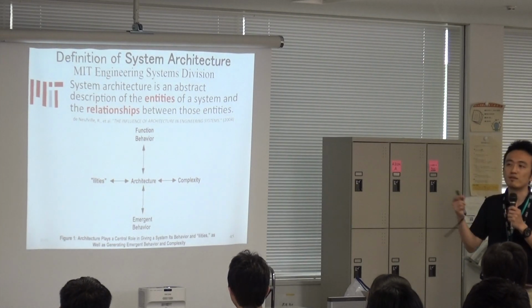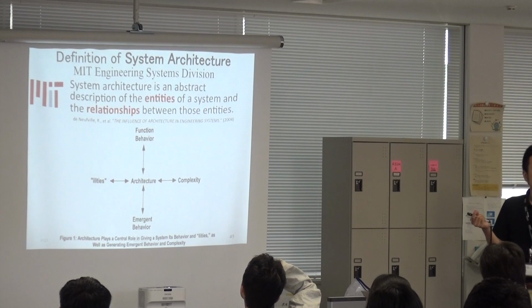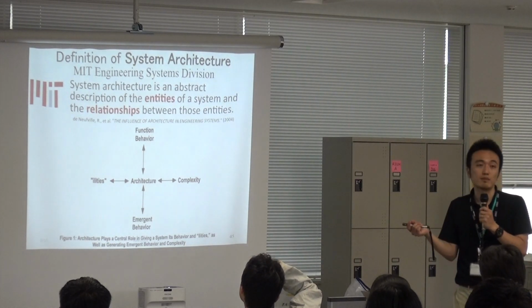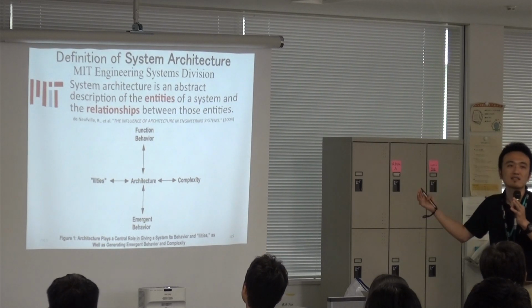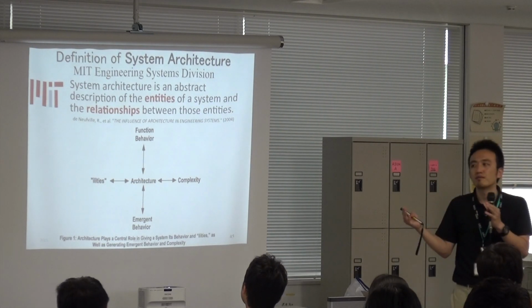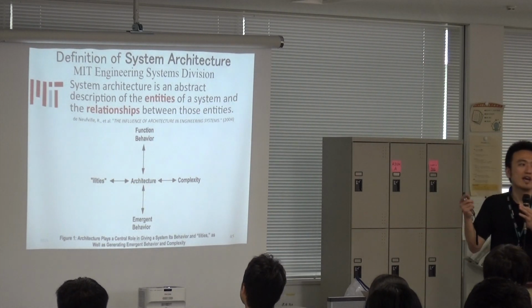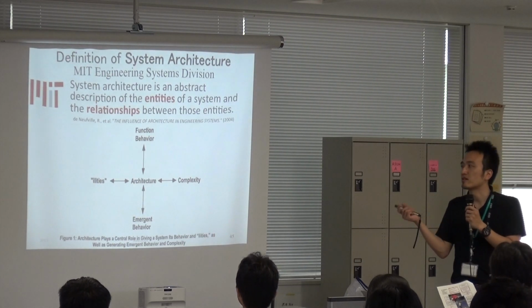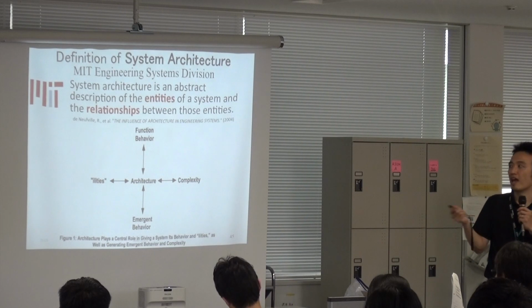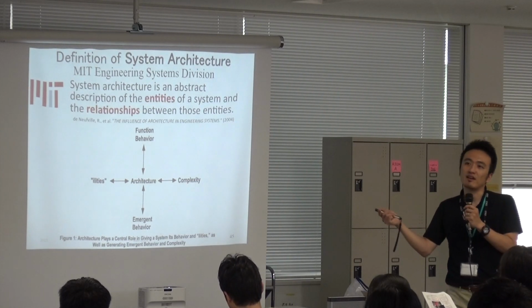We pursued the functional behavior too much and somewhat forgot about the emergent behavior. Maybe people in the past tried, but we did not have the technology to anticipate that. And architecture has a great effect on the complexity of the system and on the ilities of the system.